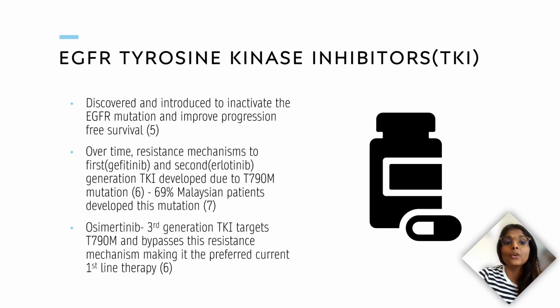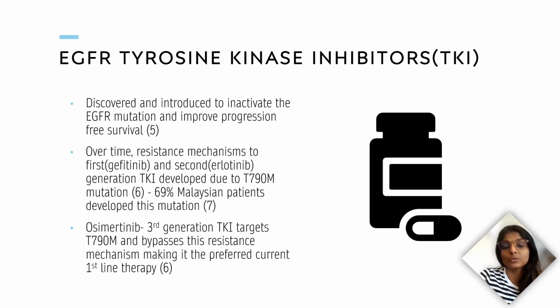Unfortunately, over time, resistance mechanism towards the older generation TKI, namely the first generation gefitinib and the second generation erlotinib, developed due to a new mutation, the T790M mutation. This was evident in Malaysia as well.